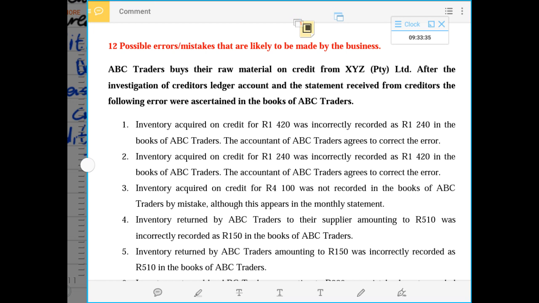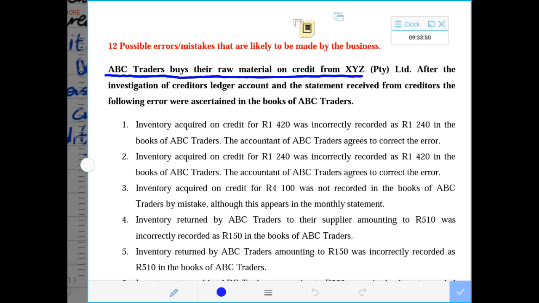Now we go to the information provided. It says that ABC Traders buys their raw material on credit from XYZ Pty Ltd. Then it says, after investigation of the creditors ledger account and the statement received from the creditor, the following errors were ascertained in the books of ABC Traders.